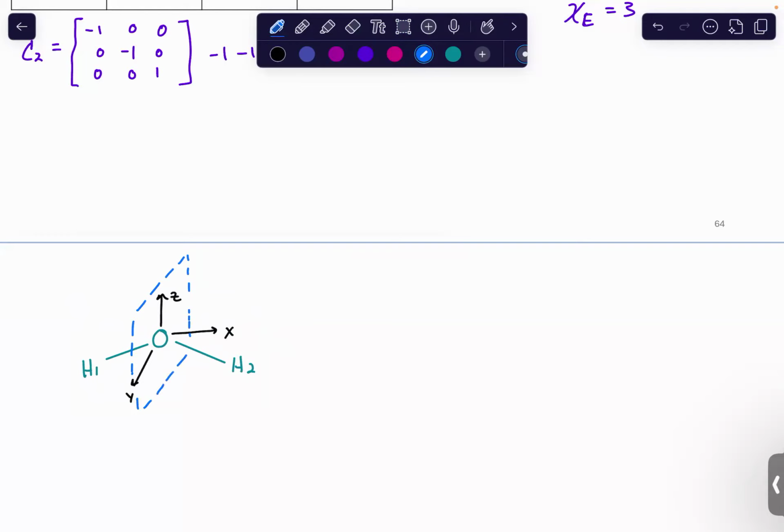Okay, and so we know, yes, of course, Z will stay the same. And Y will stay the same, but X flips to -X and H1 and H2 trade places. Okay.